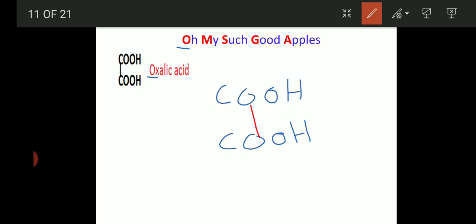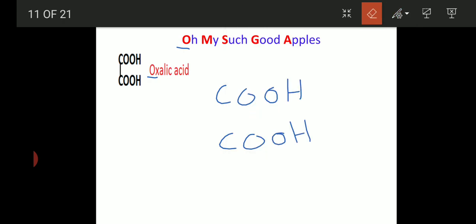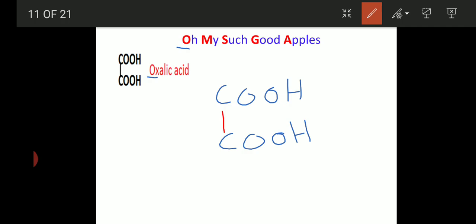Where is the bond? Between carbon and carbon, or in between COOH and COOH? The bond is present between the carbons only. COOH, COOH, and the bond must be kept between the two carbons. This is oxalic acid.